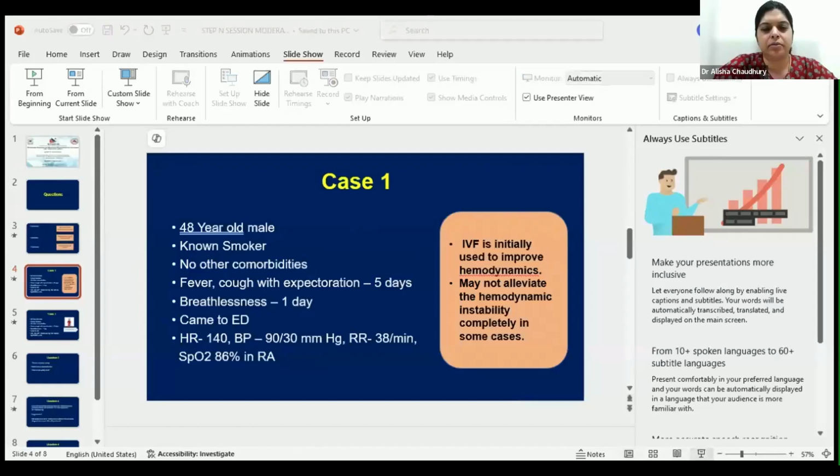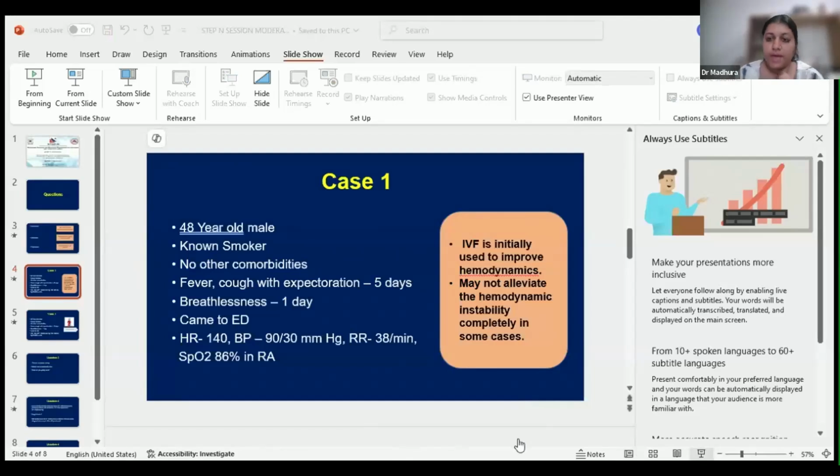So now, what would be the first inotrope or vasopressor of choice? Or what would be the first line of treatment? Anyone wants to answer based on the case history? So one person has answered as noradrenaline.